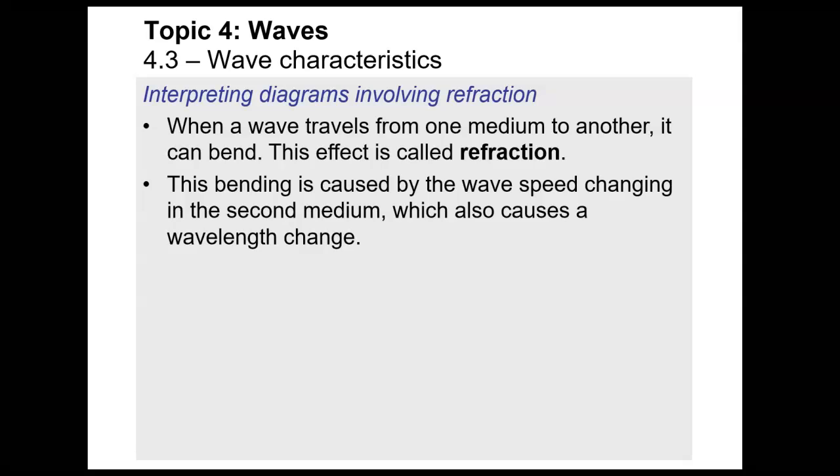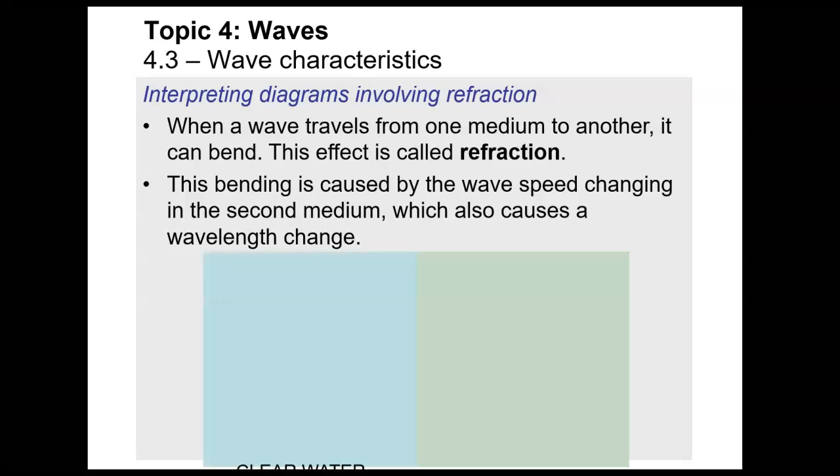Well, basically what happens is when the wave goes from one medium to another, the wave speed actually changes because the speed of a wave depends on what the wave is actually traveling through, what substance the wave is traveling through. And so when you go from one type of medium to another type of medium, based off of the characteristics of the two media, you could have a change in wave speed. And that change in wave speed causes a change in wavelength, which causes a bend.